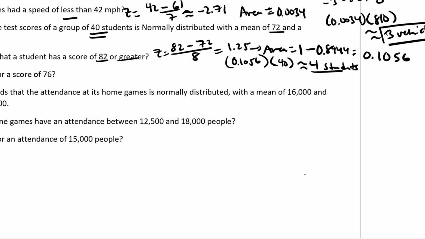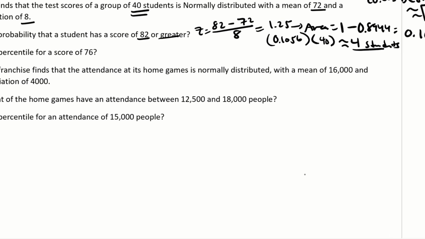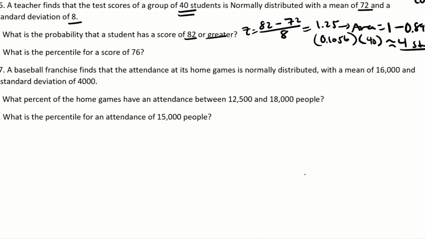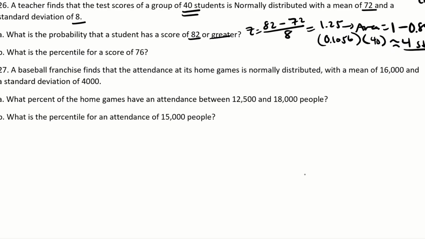What is the percentile for a score of 76? Percentile means the area to the left. That's asking for what the table already gives us. So let's convert 76 to a z-score. 76 minus the mean, which is 72, over the standard deviation of 8. So it's going to be 0.50 for our z-score.